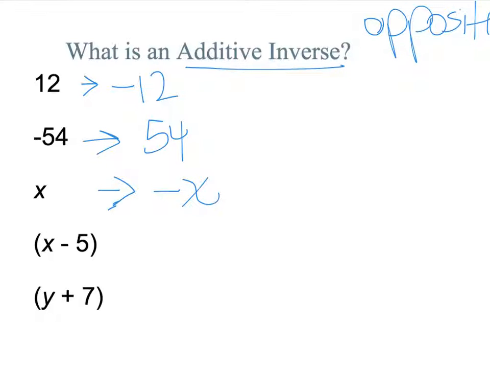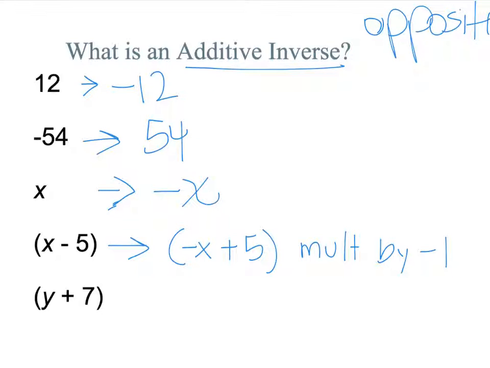But it gets a little bit trickier when we have these binomials. Again, we're changing the sign, but we need to change the sign of everything in the parentheses. So if I change the sign of everything in the parentheses, I would get something like negative x plus 5. What I've essentially done is multiplied by negative 1.